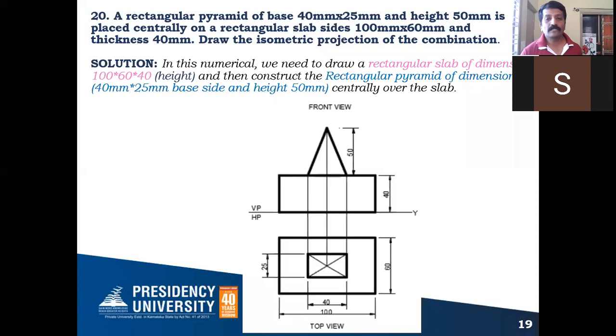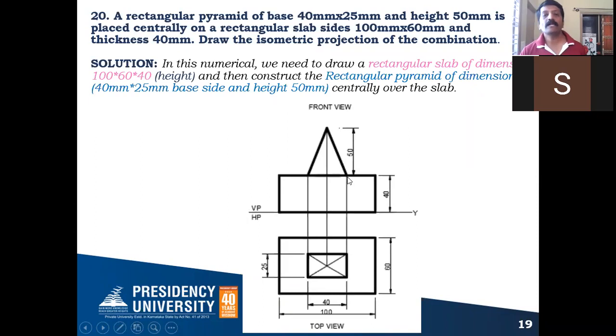Okay. So after this, you draw the vertical projectors from all the points. So your rectangular slab in the front view, how does it look? It looks like a rectangle only. Only height we can take. What is the height? 40 millimeter. So you extend the end points here. Take 40 millimeter height. Construct one more rectangle. Above that, the rectangular pyramid is placed. So this you can extend till here.